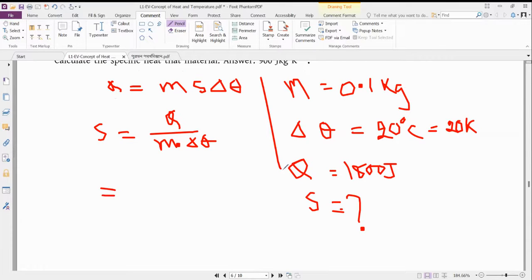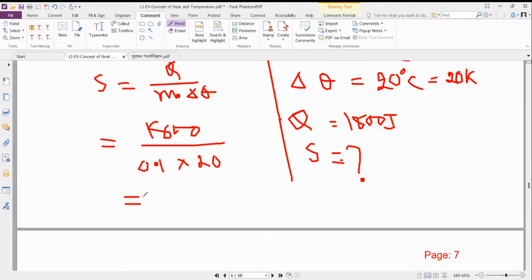So by putting the information here, Q is 1800, divided by 0.1 times 20.